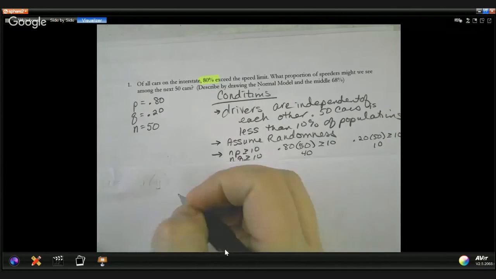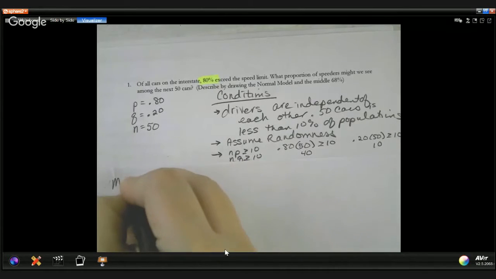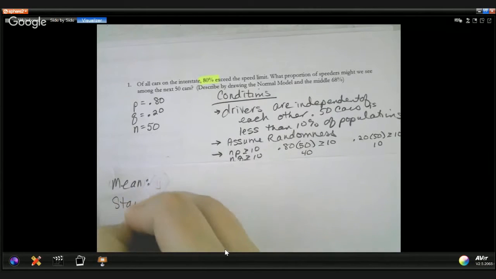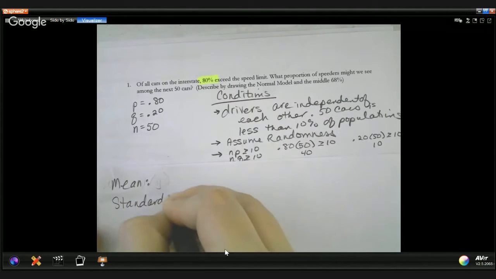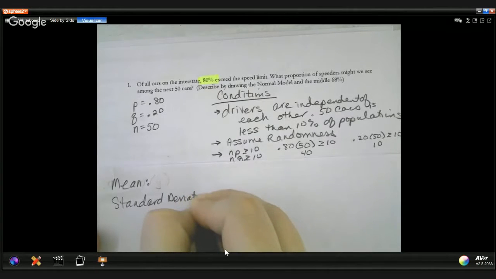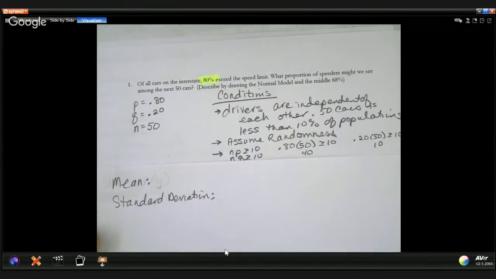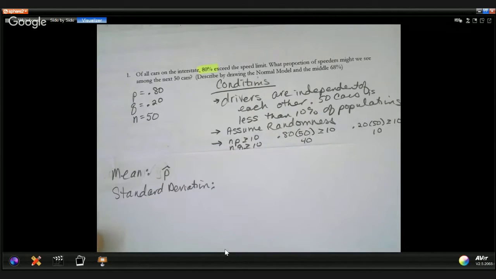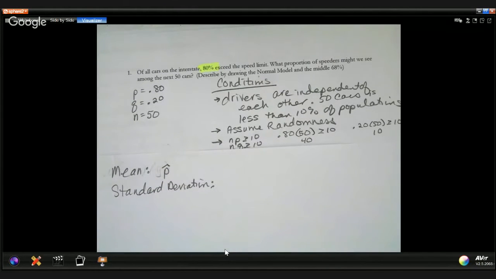Okay, so what I'm going to do now is find my mean and my standard deviation for my sample. Now I know my mean is p, but the actual notation for it is p hat, which means the predicted mean.